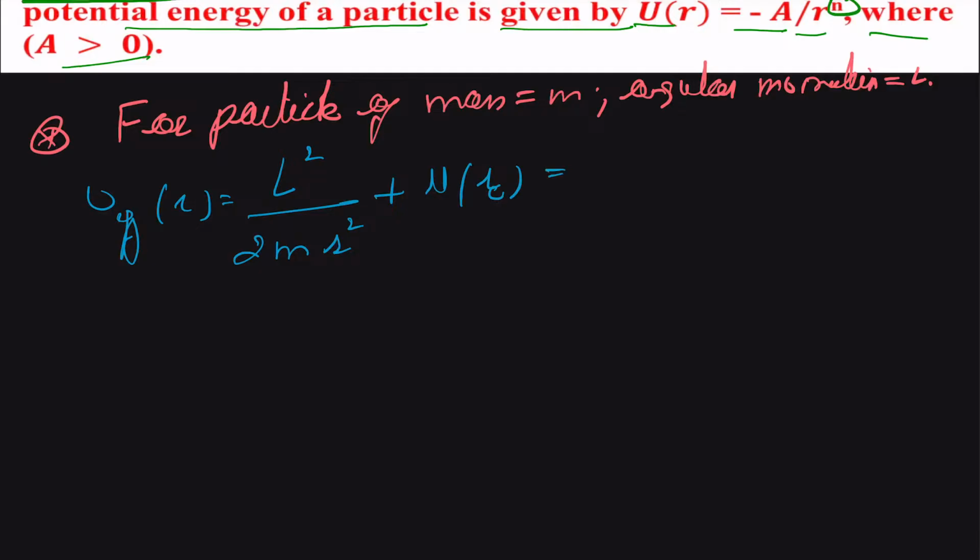And this u of r is given to us, so we can write this as L square upon 2m r square minus a upon r raised to power n.